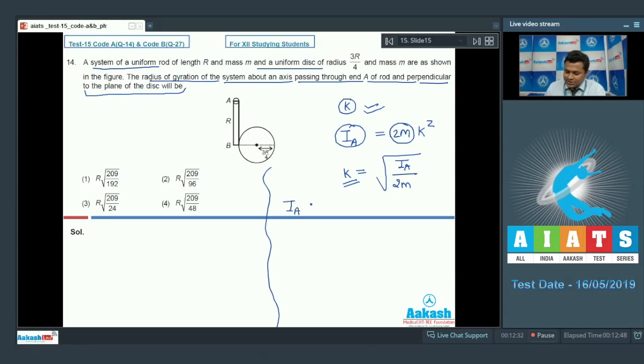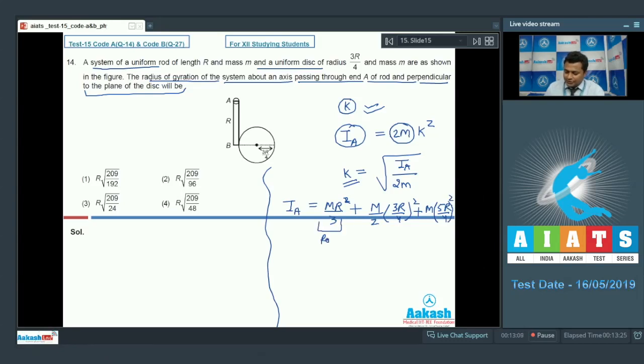Moment of inertia of the system about A will be given as moment of inertia of this rod about A plus moment of inertia of this disc about A. The disc moment of inertia about A will be calculated by the famous parallel axis theorem. The expression will be m r square by 3 for the rod plus for the disc m (3r by 4) whole square by 2 plus m into (5r by 4) whole square.